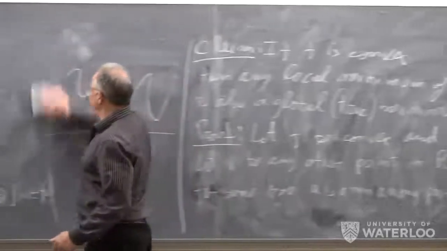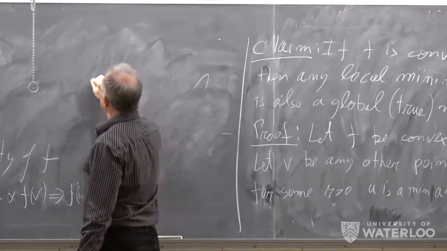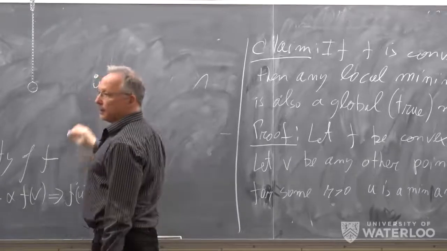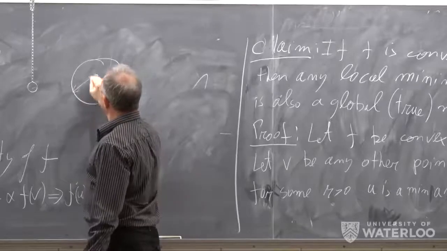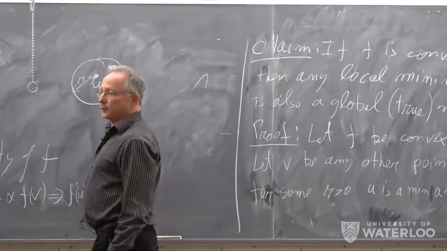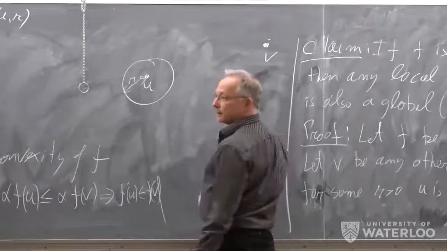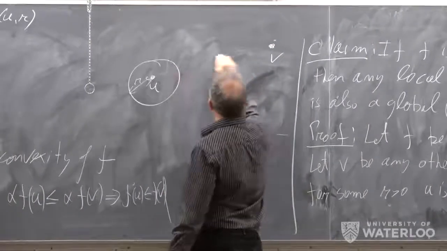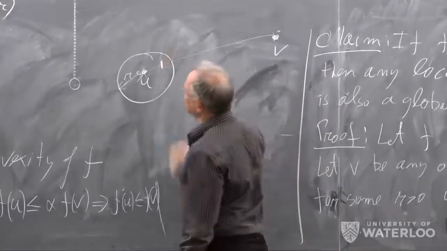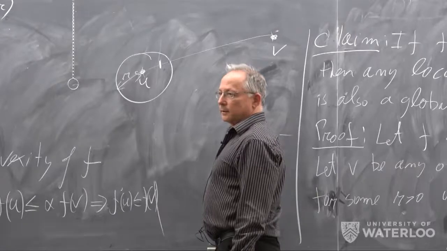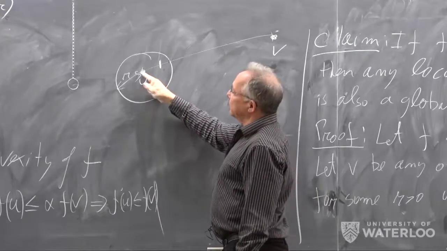Right? So you see, here is your point u. And here is the ball of radius r within which I'm a minimum, right? And here is some point v. So what do I do? I look at the line that connects them. And along this line, I pick a point here which is already inside the ball.